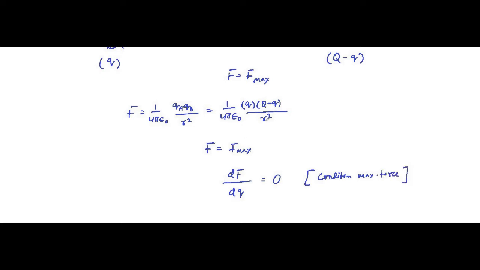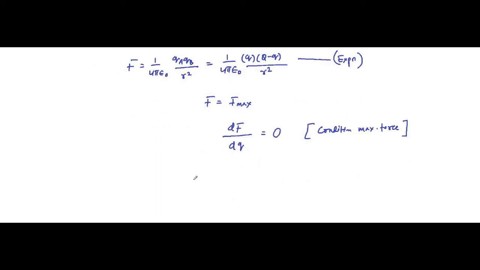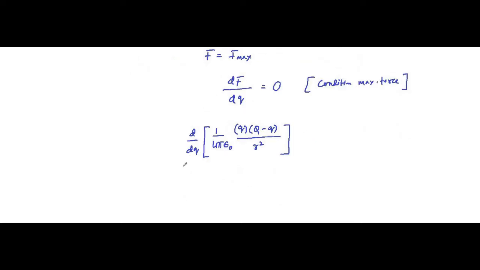So here we have to take the derivative of this expression, d by dq of 1 by 4 pi epsilon 0 q into Q minus q by R square. Here 1 by 4 pi epsilon 0 and R square are constants, so they will come outside.